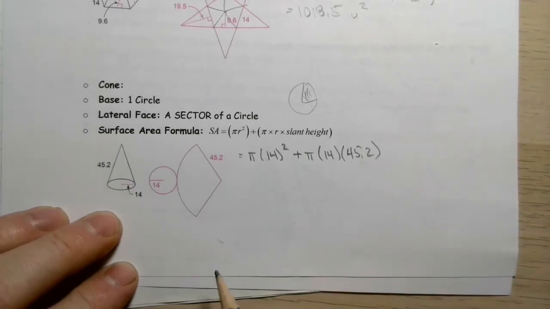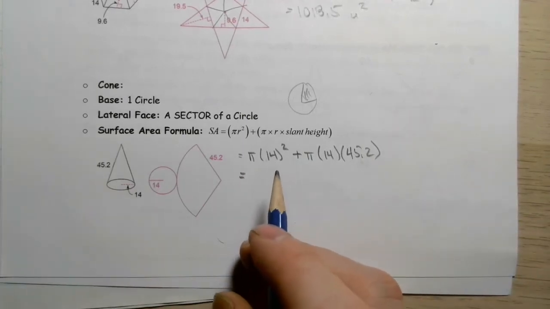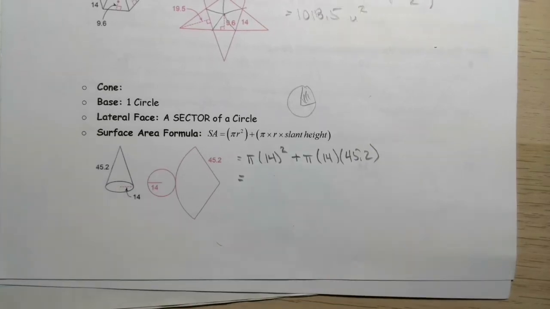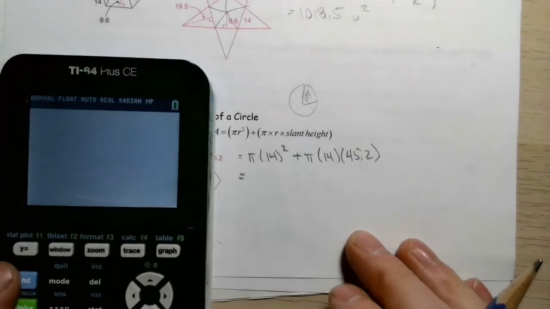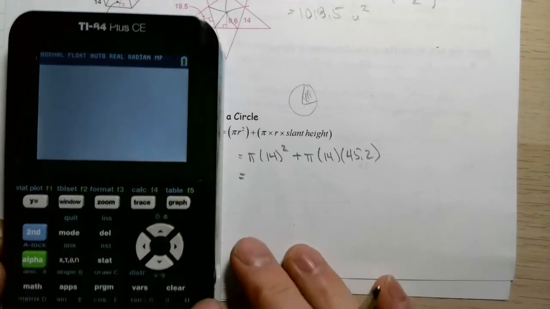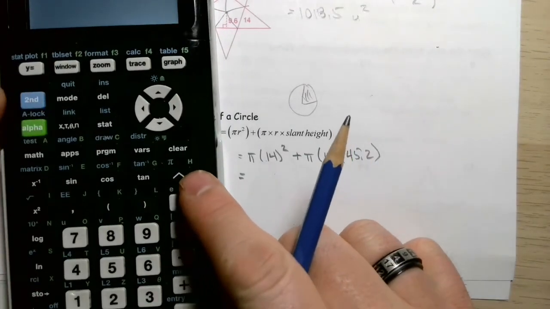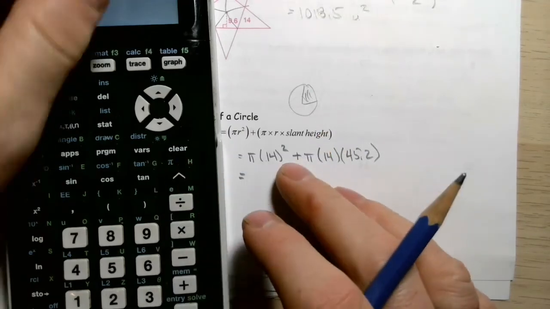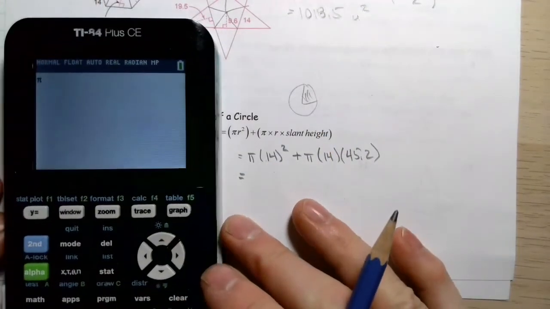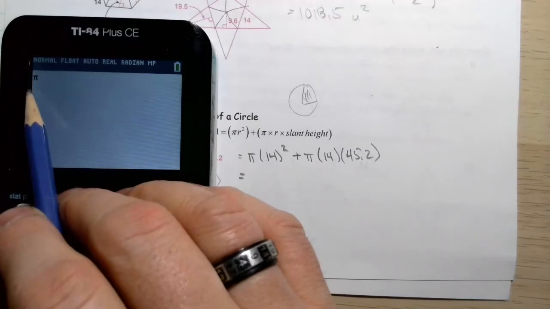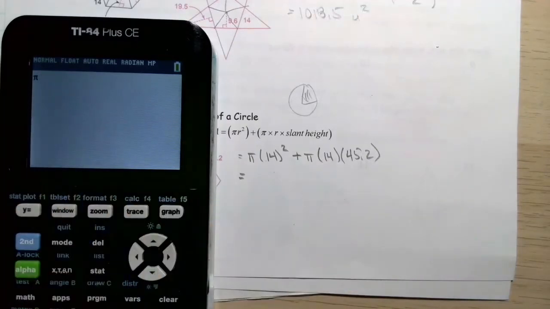45.2. Okay, so now we pull out our calculators. And when you're doing this, please use the pi button on the calculator. For my Texas Instruments, it's going to be second, and I'll press this button right here to get that pi button. The reason being, the calculator stores in its memory enough decimal places that rounding shouldn't cause any kind of issue.